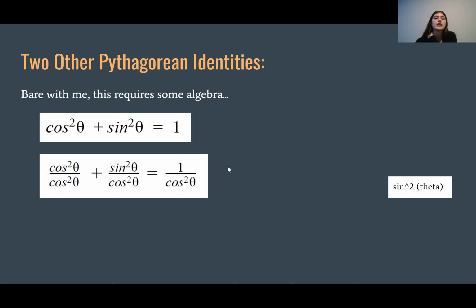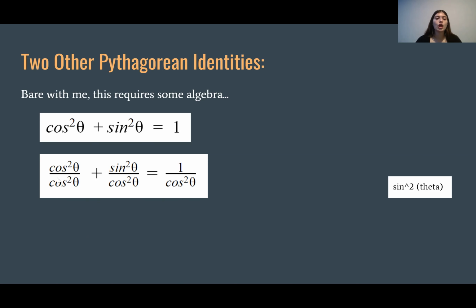So we take cosine squared theta divided by cosine squared theta, plus sine squared theta divided by cosine squared theta, and that equals 1 divided by cosine squared theta. This should still be true. All we did was mess with the function a little bit, but it is still a true statement.